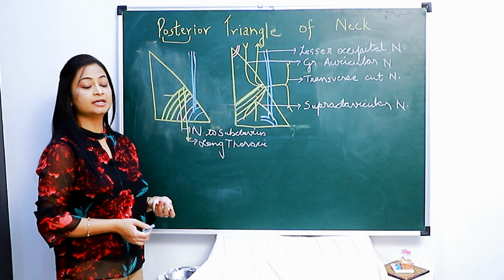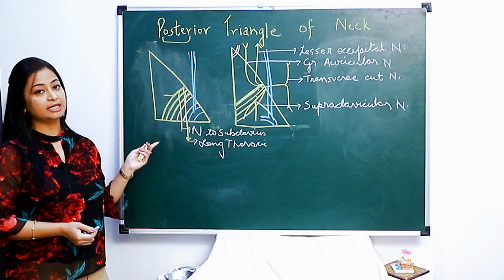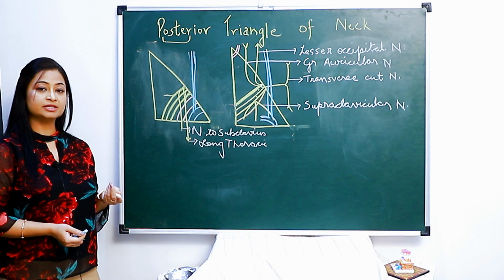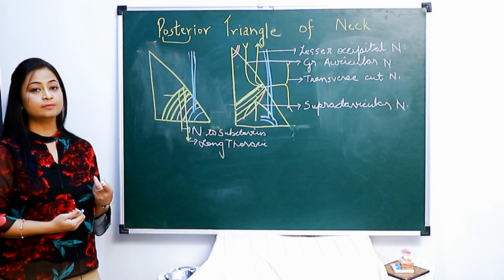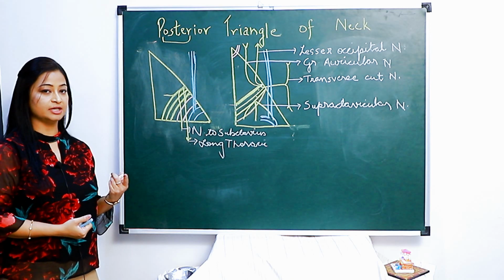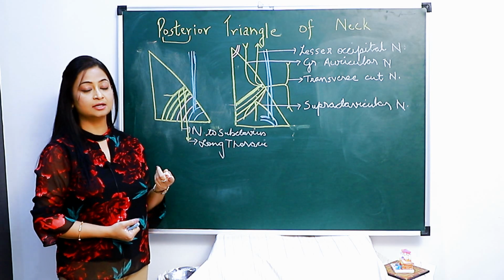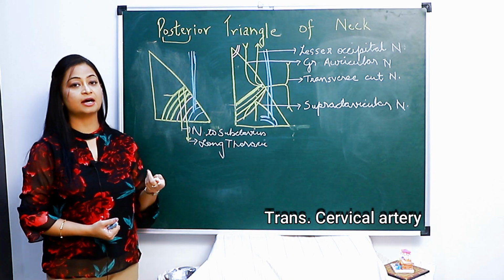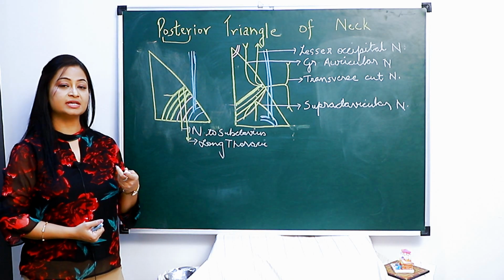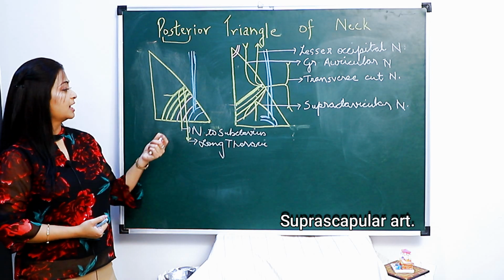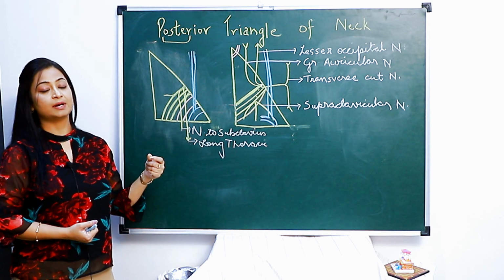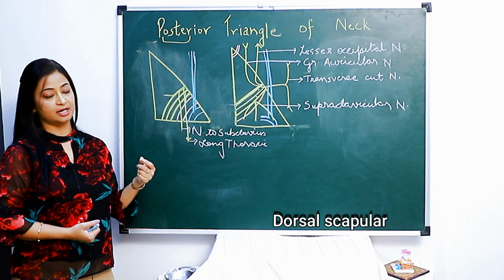And we find a few branches from the subclavian artery, that is 2 branches from the first part and 1 branch from the third part of the subclavian artery are seen over here. The branches from the first part are the transverse cervical artery as well as the suprascapular artery. And the branch from the third part is the dorsal scapular artery.